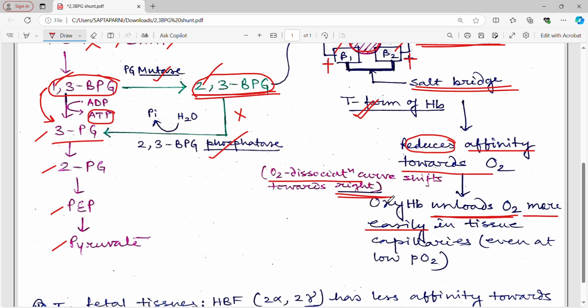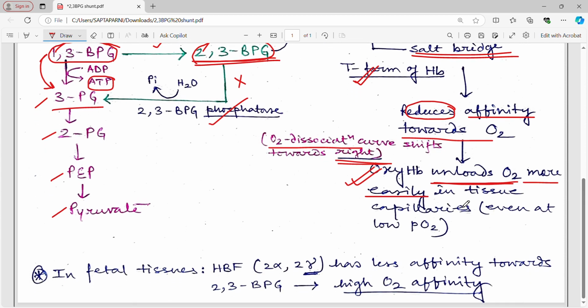So the presence of 2,3-BPG during hypoxic condition helps in quick unloading or delivery of oxygen to the tissues, which is very important during low partial pressure of oxygen, and thus they help in high altitude adaptation in hypoxic condition. Now that is the significance of 2,3-BPG in our physiology.